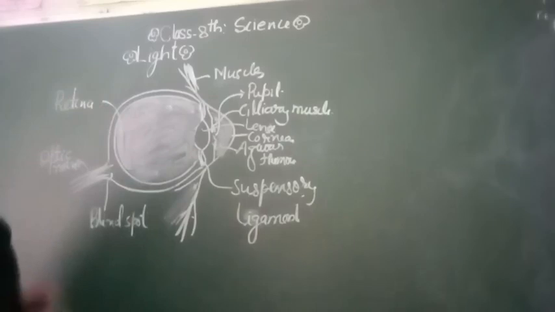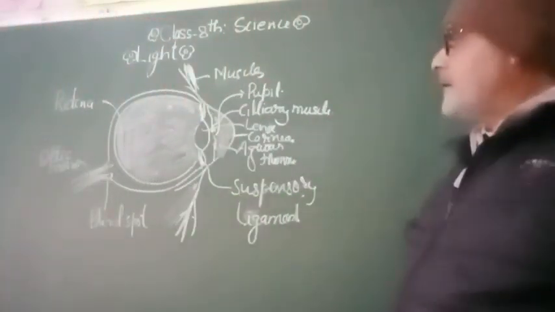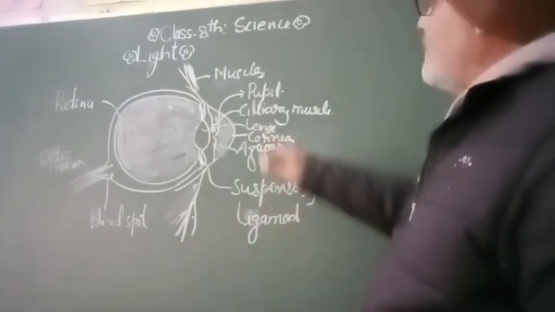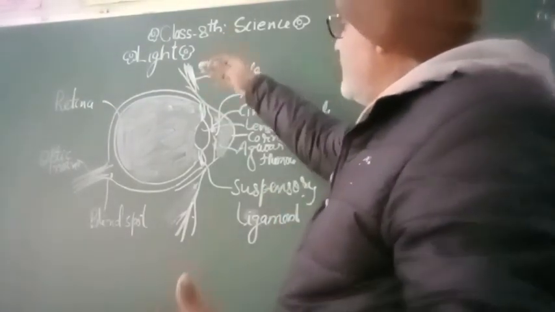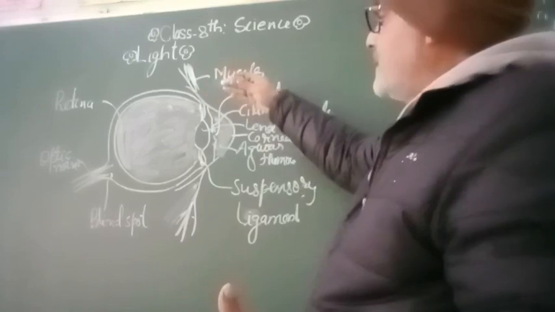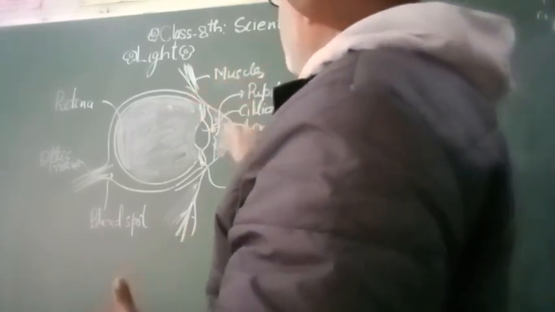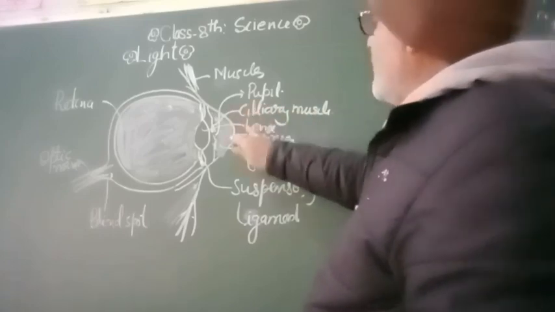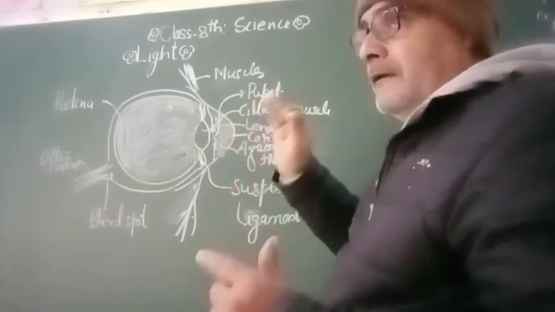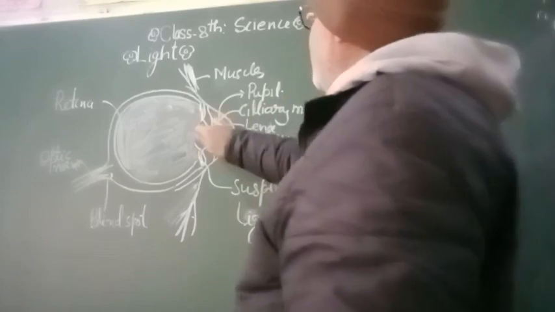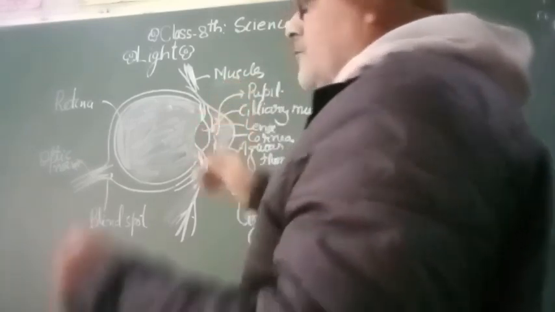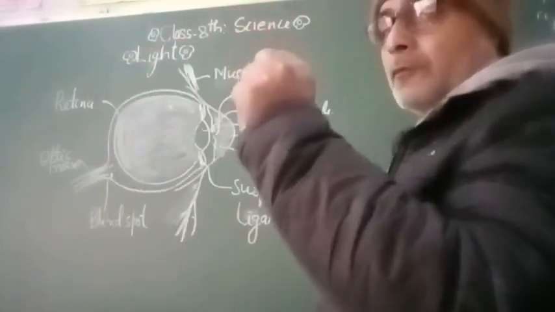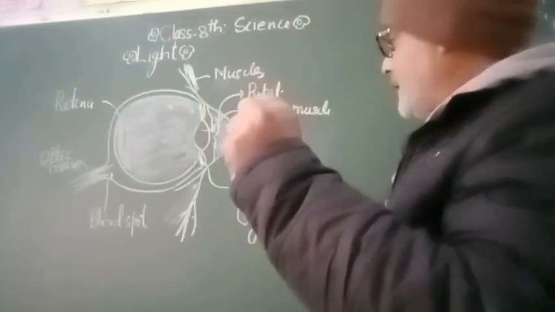So, dear students, this is the structure of the human eye. When you study the different parts of the human eye, you will find that there are muscles which bind the different parts of the eyeball, and the main frontal part of the eyeball is known as the cornea. Inside this there is the ciliary muscle, which opens for receiving light.